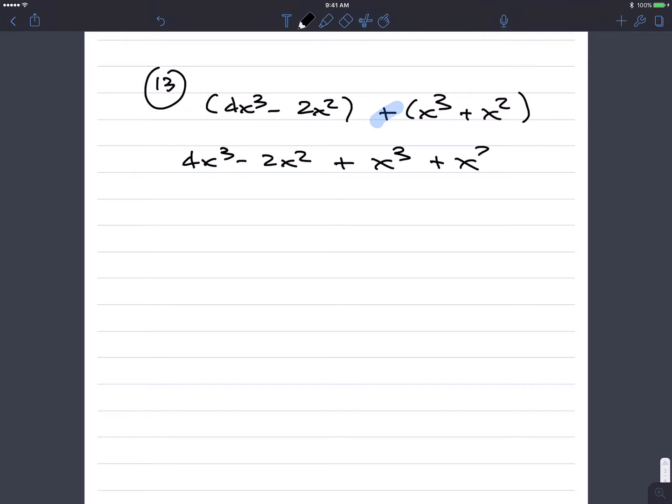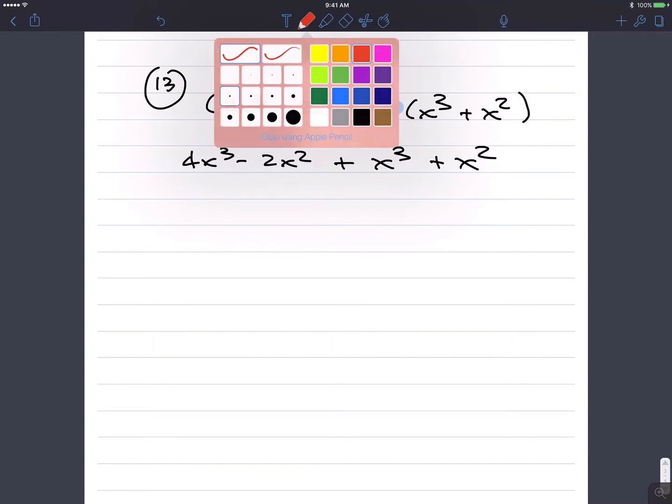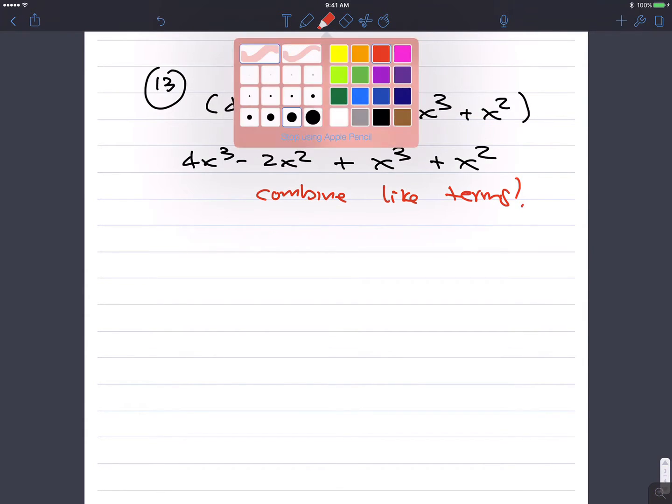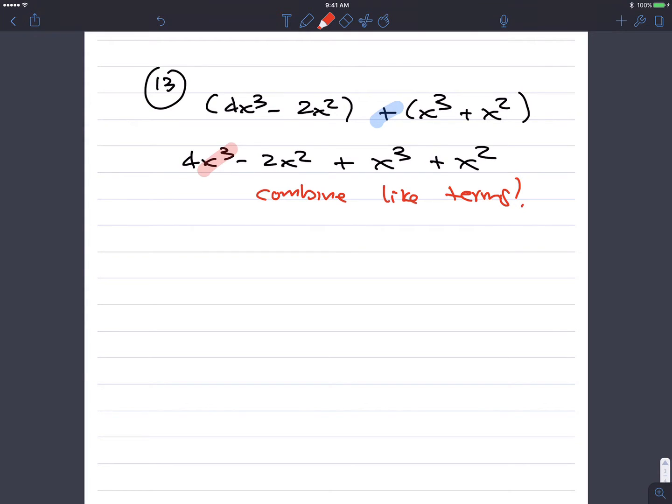And we combine like terms now. Okay, I'm going to write that down in words. Combine your like terms. Add your apples and your bananas. So I have 4 apples here plus another apple.